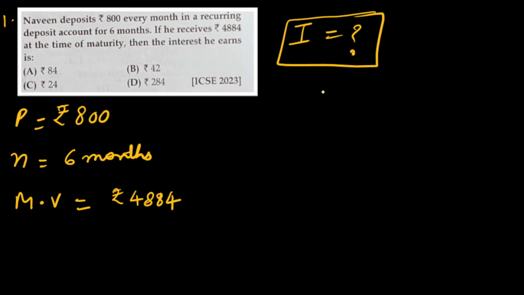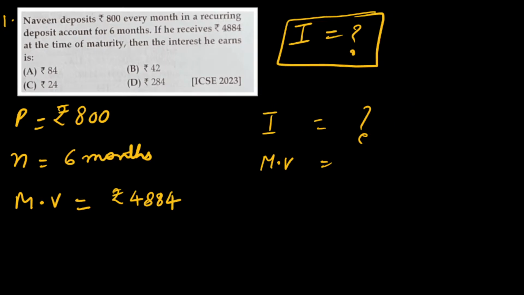In this question, maturity value is given to us. Overall, I gave you two formulas. The first is the formula of interest and the second is the formula of maturity value. Interest we have to find here.